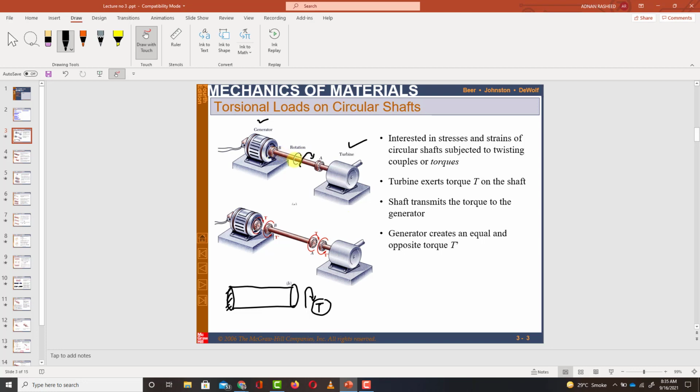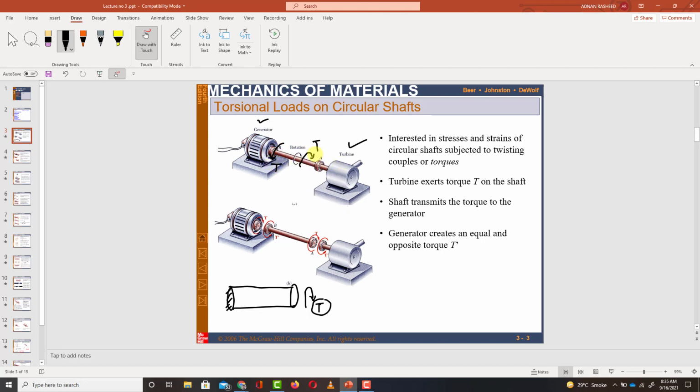So when this shaft rotates, it tends to rotate the generator as well. But due to the inertia of this generator, because it has some mass, this generator resists this applied torque. And this resistance is offered in the opposite direction.